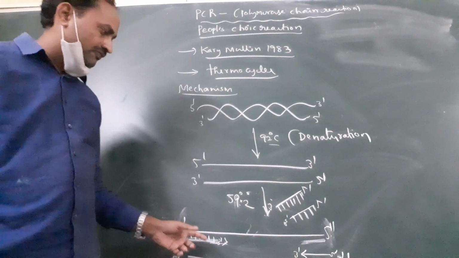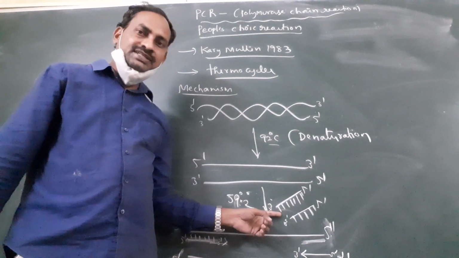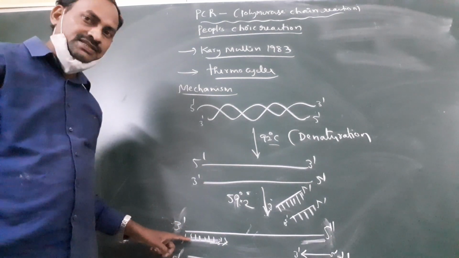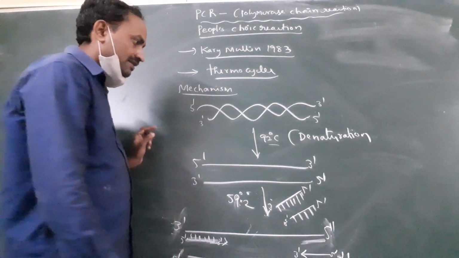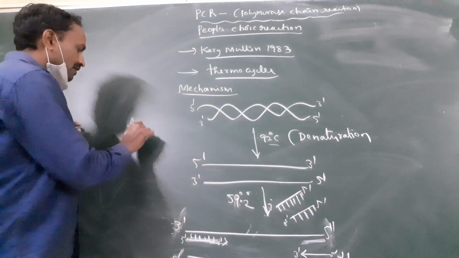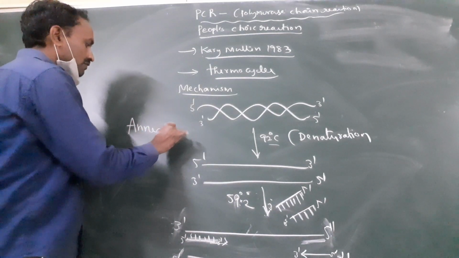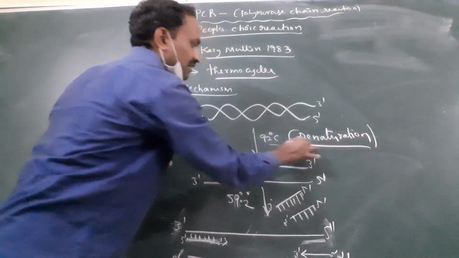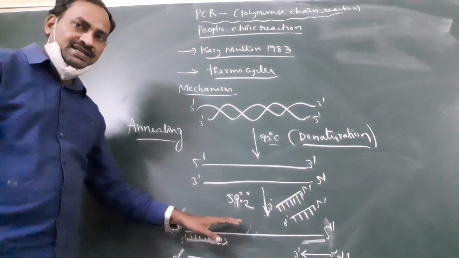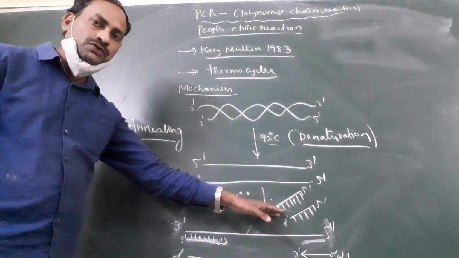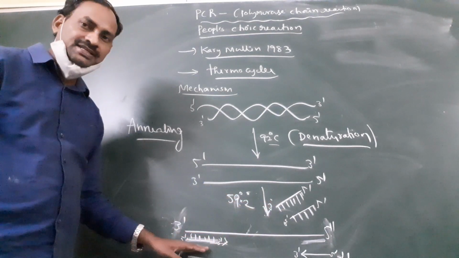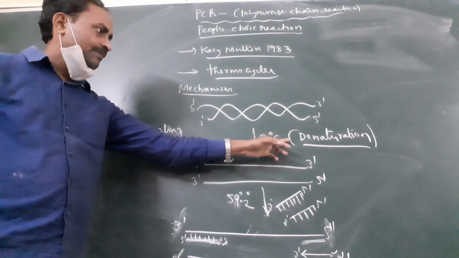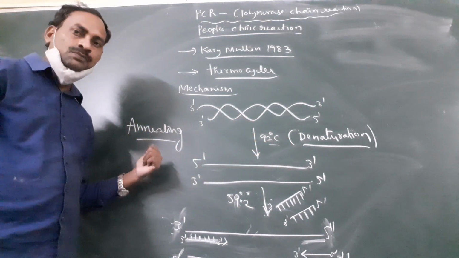The binding of these oligonucleotide strands to the 5' end of the target DNA strands is called annealing. So the first process is denaturation, and the second process is annealing: the binding of oligonucleotide strands to the target DNA strand. We have completed the denaturation and annealing processes.